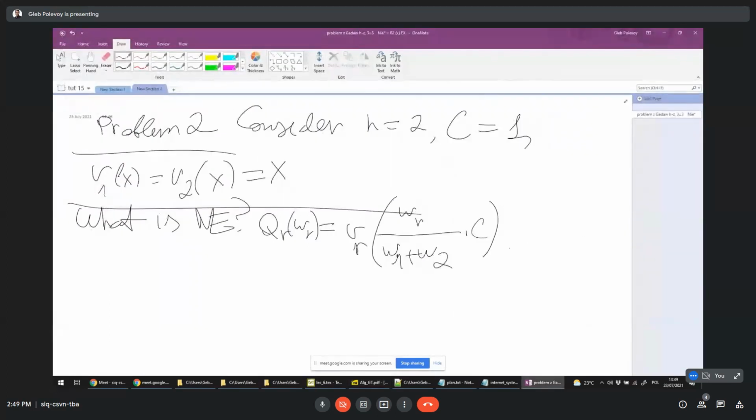Stop me if you at some point feel that I'm doing something you don't understand or don't agree with. So that is the QR. And now I want to, of course, VR is simply the identity function, so that can be rewritten as WR and C is simply 1. So it can be written as WR divided by W1 plus W2 minus W1 or WR.